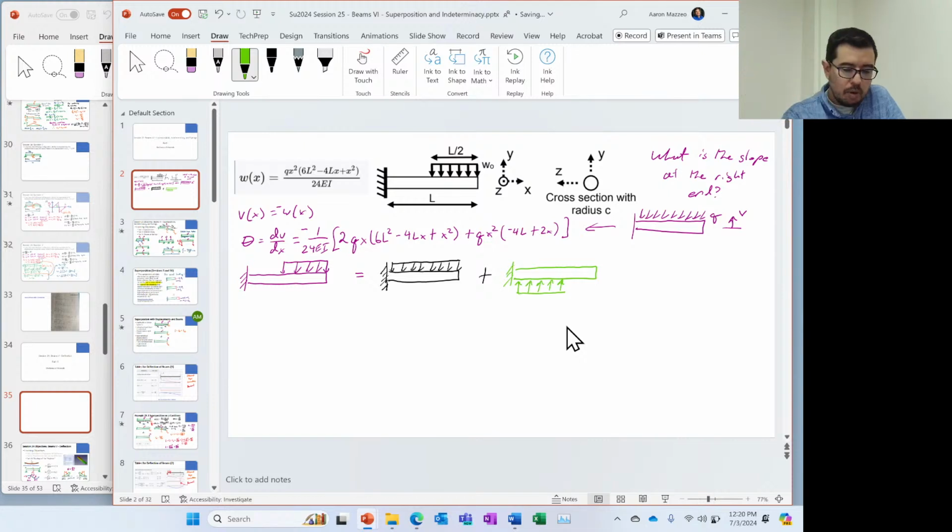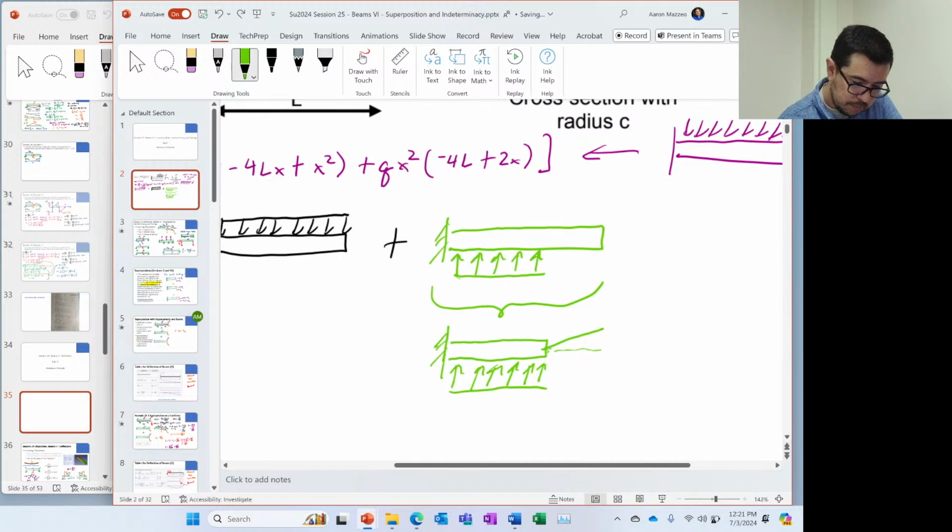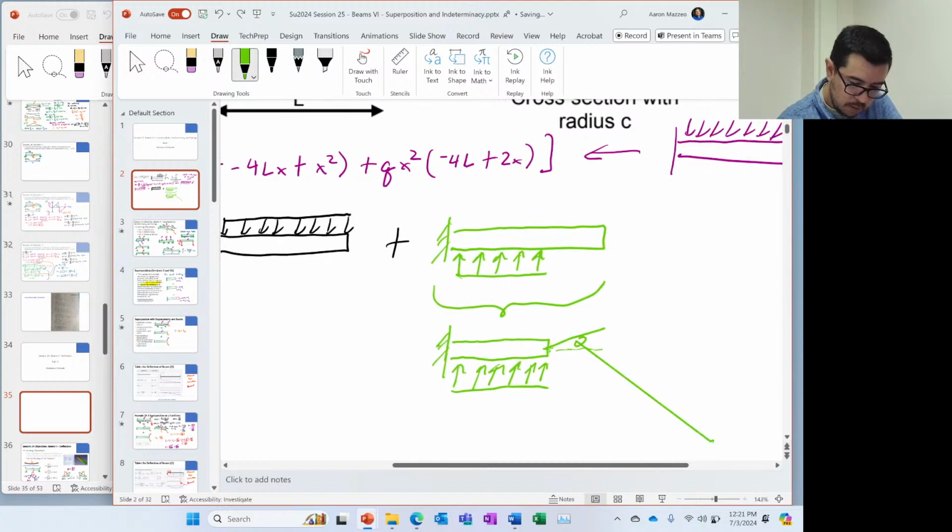Well, one thing to think about here is that this system can be thought of as having a distributed load across the entire thing, and then I have some slope here like that. Okay, and this is only L over 2.